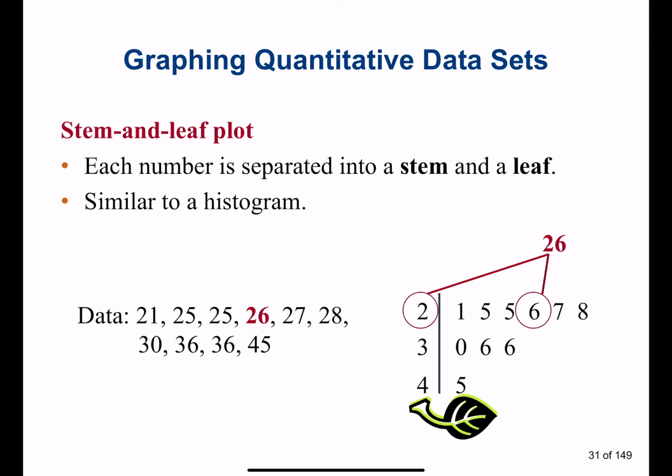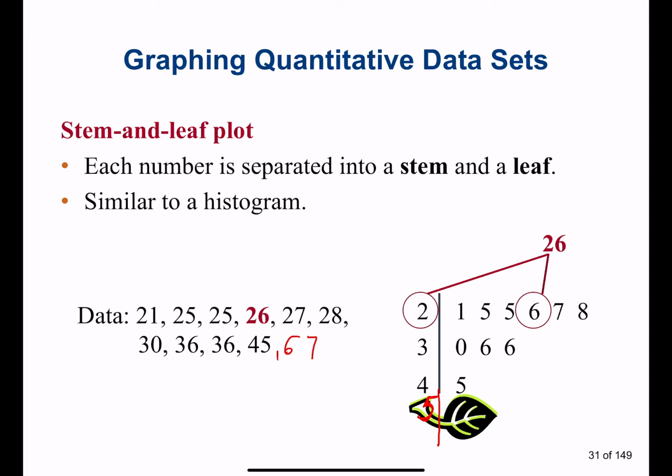Now, what if, let's say, the next one is, for example, 67, practically skipping 50, right? In a case like that, what we're going to do, we write here 5, and we don't put anything here. That means there is no leaf, and a stem without a leaf means it's missing.